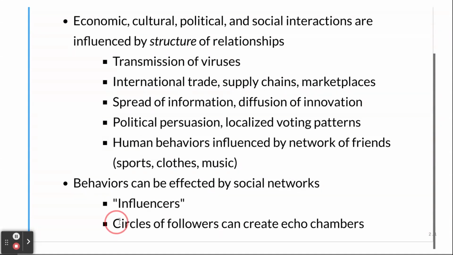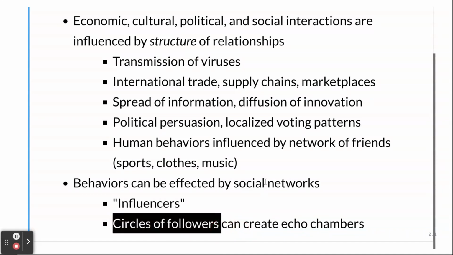Another case, and this is kind of related to the political angle, where behaviors may be impacted by networks is with the creation of what are called echo chambers. The idea behind an echo chamber is that you might have some subset of individuals who share their opinions or thoughts on often very charged political issues.